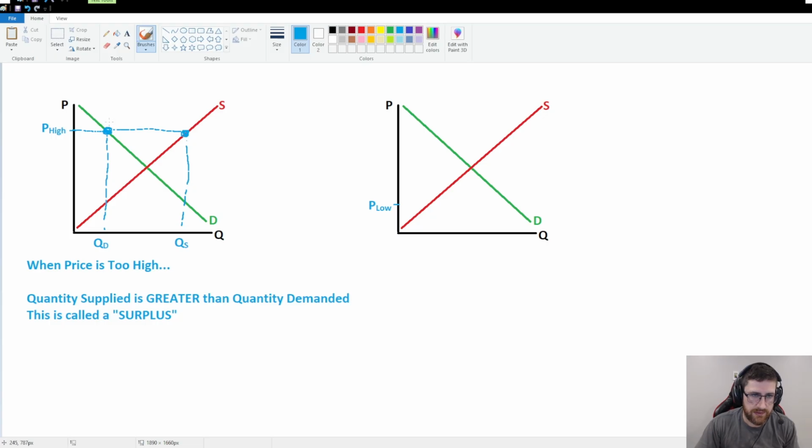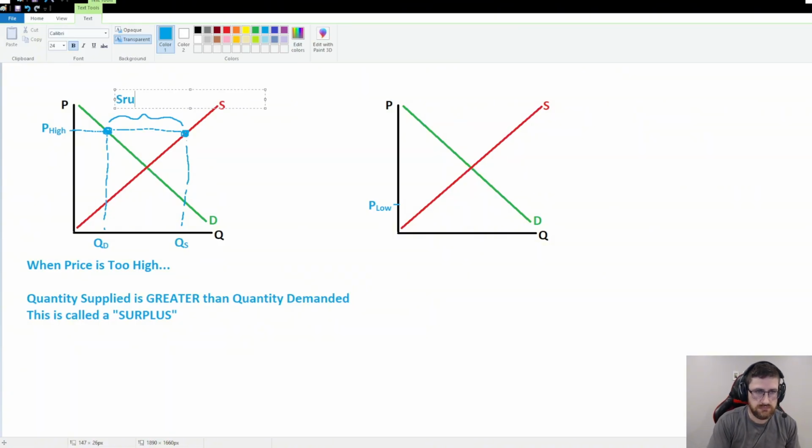So this gap, this is our surplus. And we often care about the size of the surplus, and the size of the surplus is just QS minus QD equals surplus size, right?